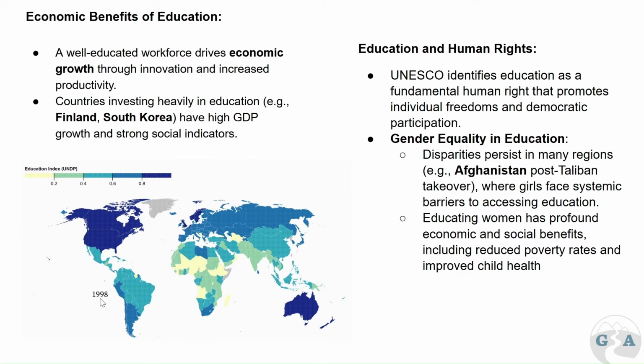And what we can see is there's a pattern where most of the world is increasing its rate of the education index. This is coming from the UNDP, and we can see that there's a big increase in African nations and across Asian nations as well to catch up with other regions, and also big areas of Latin America, making those increases.